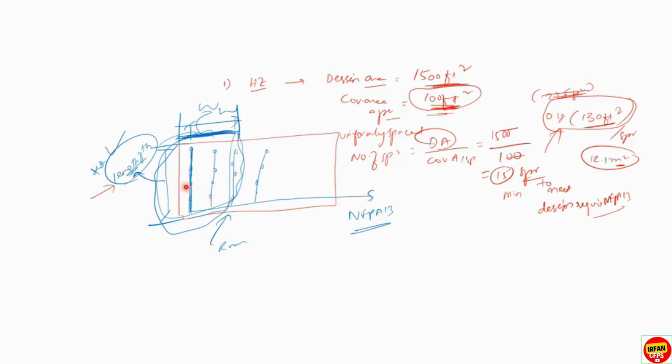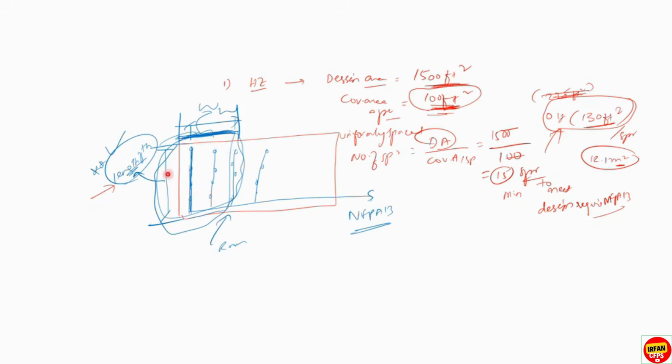If you have light hazard, what should be the design area, what should be the design density in this remotest area, what flow should be considered theoretically, and how many sprinklers should be considered in the design area for the purpose of calculations, which will activate during the event of fire. And how to select the length: length of the design area will be along the branch line. Width will be the opposite side. So if this is width, this is length. If this is length, this is width, right?